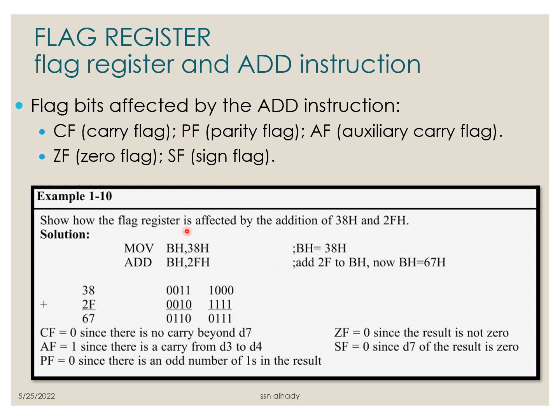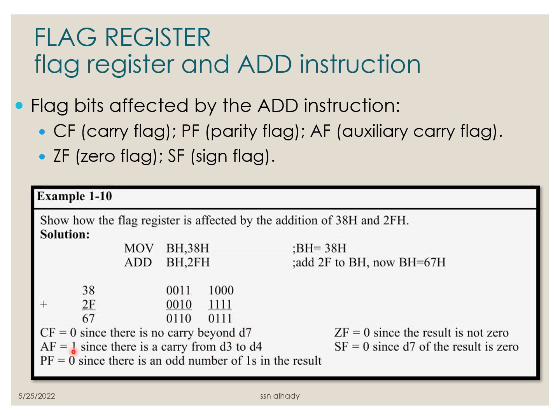In this instruction sequence, after we execute, move 38 to BH, and then you add BH with 2F. So 38 is 0011 1000, and then 2F is 0010 1111. After you add them, you are going to get 67 in hex.